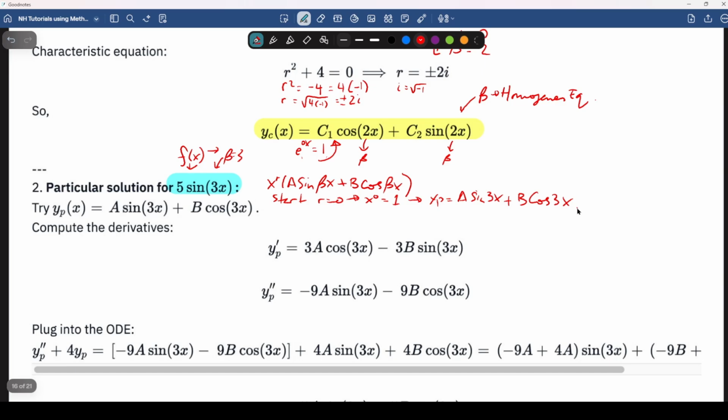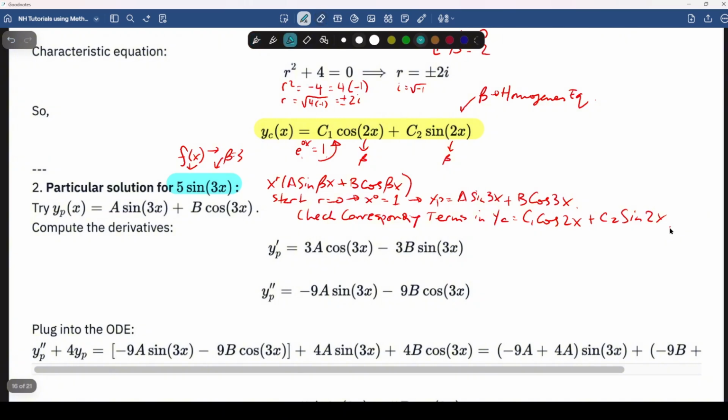So again, just like before, we check for corresponding terms in yc. In yc, which is equal to right there, a constant c1 cos 2x plus a constant c2 sin 2x, right?